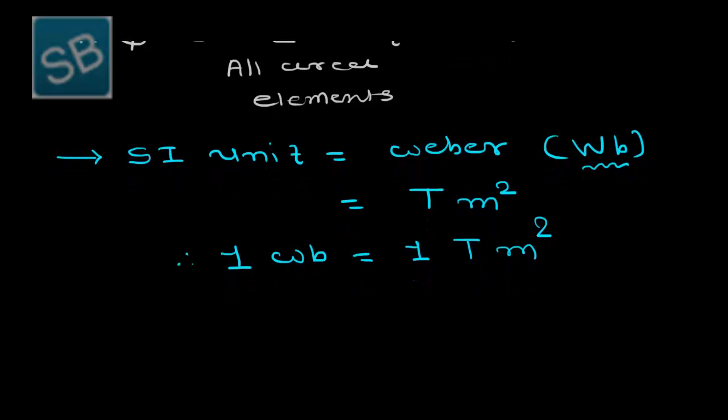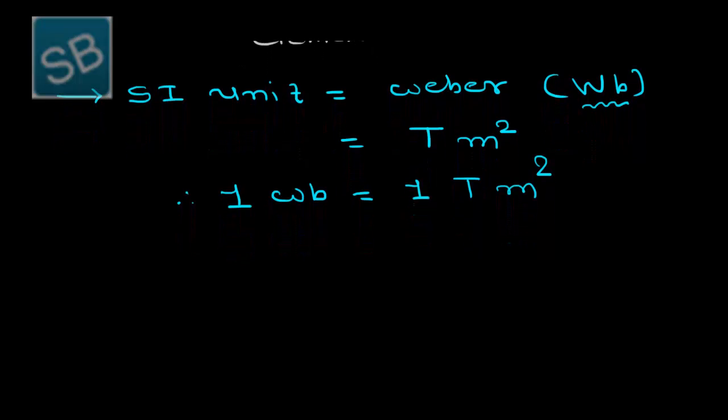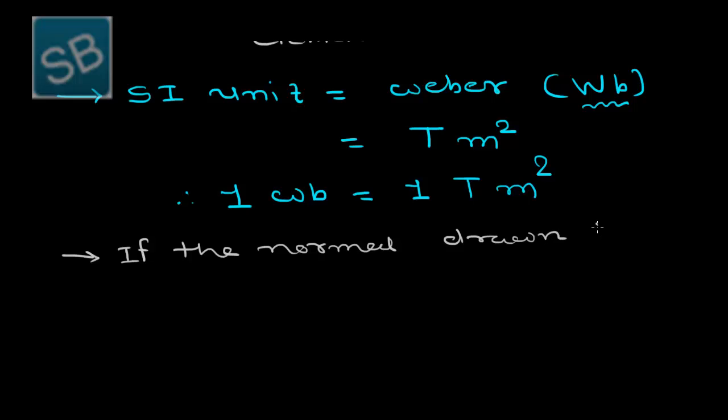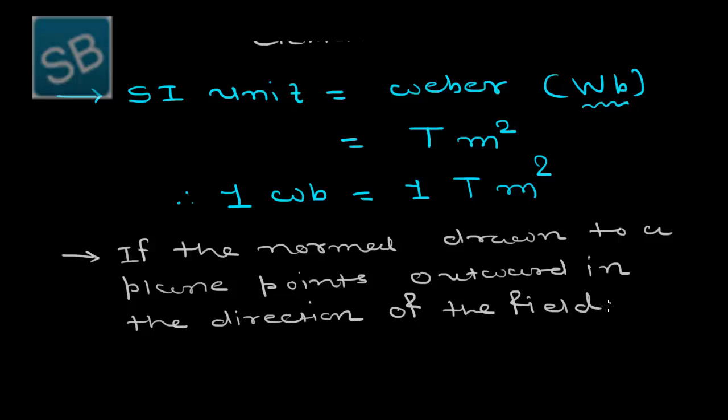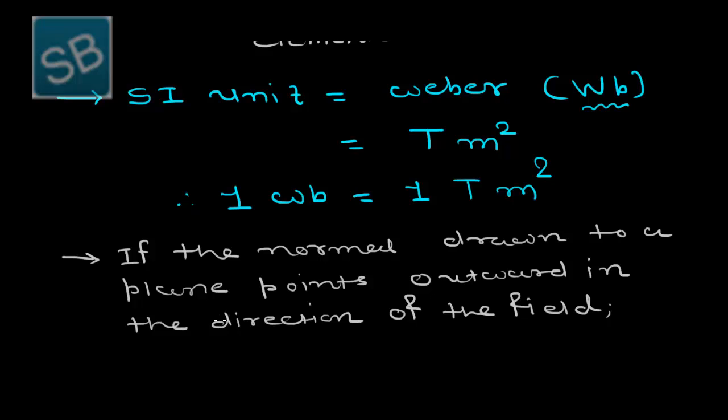Now, suppose you assume one condition that the normal which is drawn to a plane points outward in the direction of the field, then the magnetic flux will be positive.